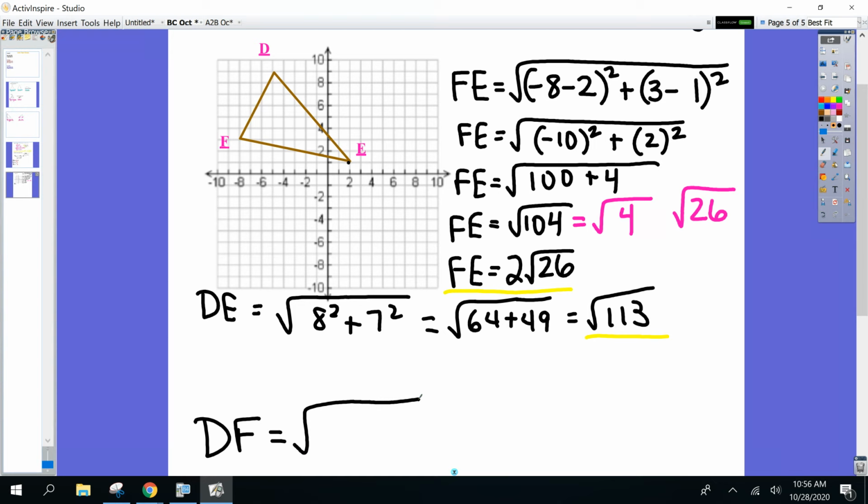I think I did something wrong. I just don't know what it is. What number did you get underneath the radical? 45. Okay, nothing's wrong. 6 squared plus 3 squared underneath the radical.